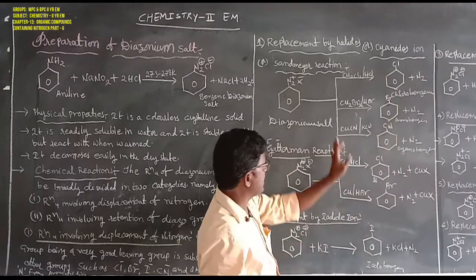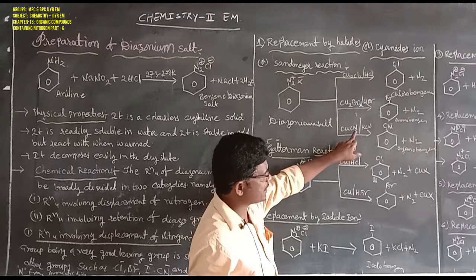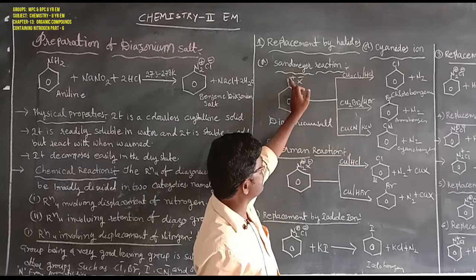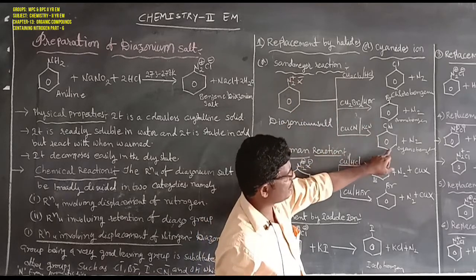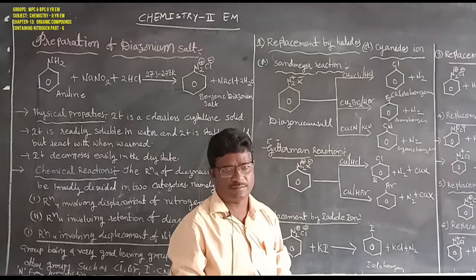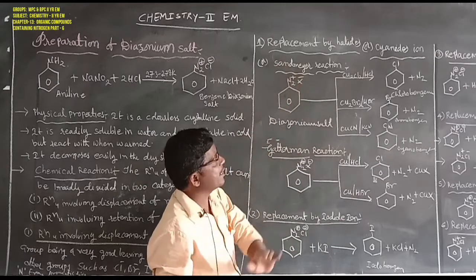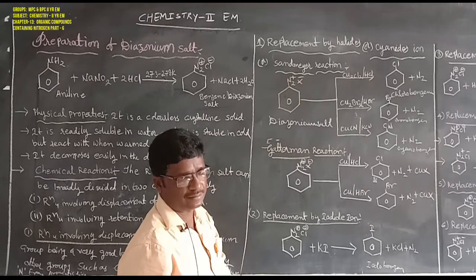Next, benzene diazonium chloride treated with cuprous cyanide or potassium cyanide. The nitrogen atom is replaced by CN, and cyanobenzene is formed. That is the Sandmeyer reaction, or replacement by the halides or cyanide.